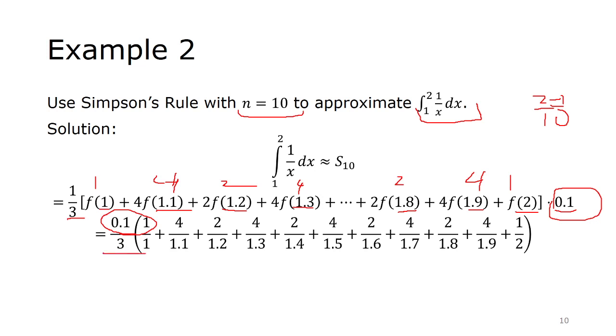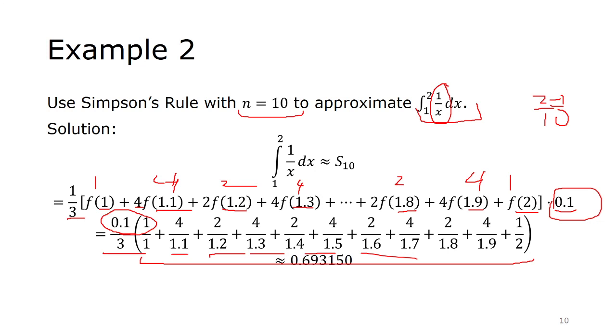And then we've got our function values. 1 over 1 plus 4, that comes from this constant, over 1.1. That's the function's value at 1.1, plugging it into 1 over x. And do the same thing for each of those other intermediate values. Find the sum of all of those, multiply by 0.1 over 3, and we'll get, as we expect, a number that's very close to what we expected before, the natural log of 2.